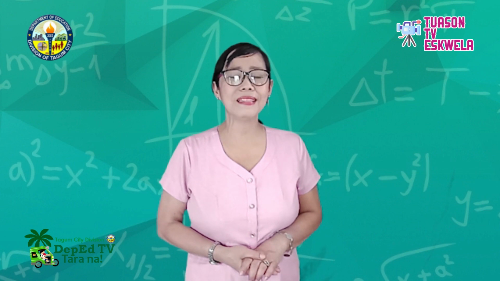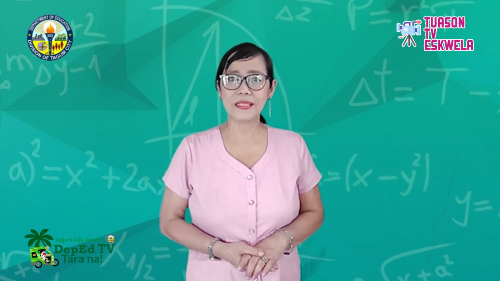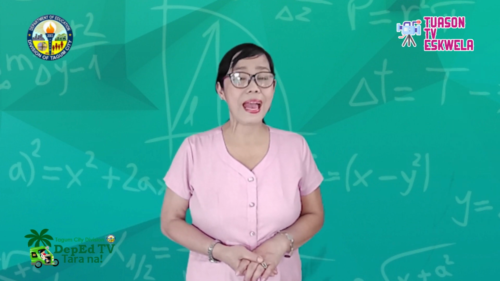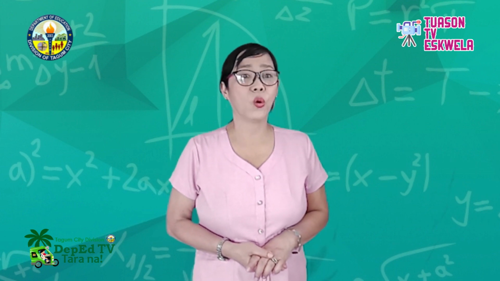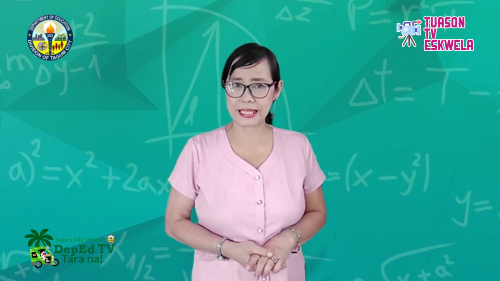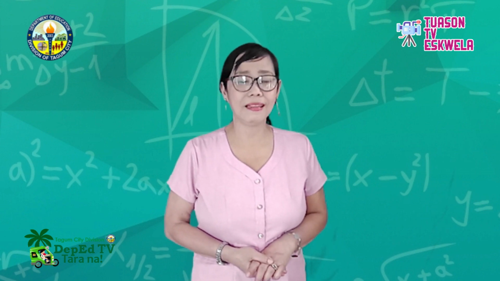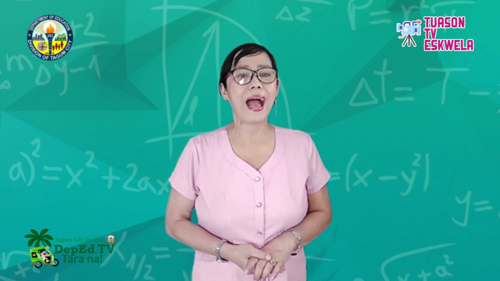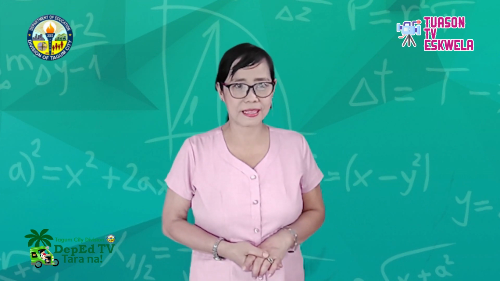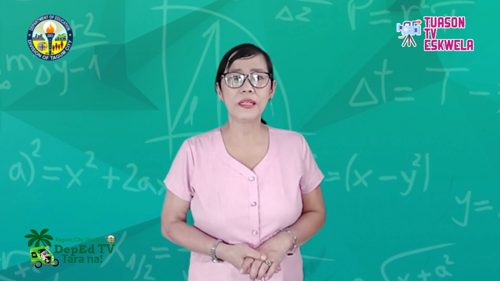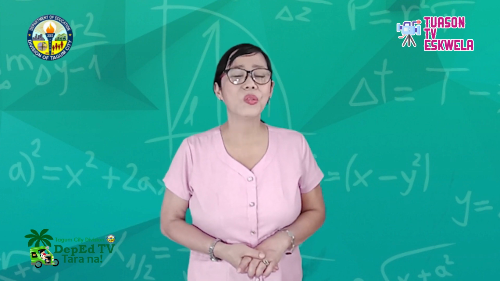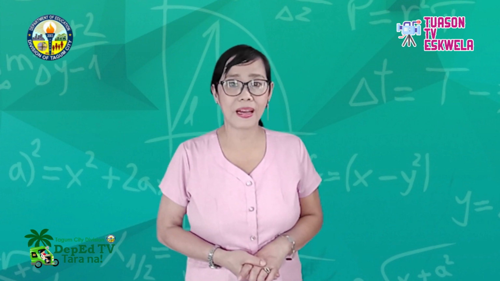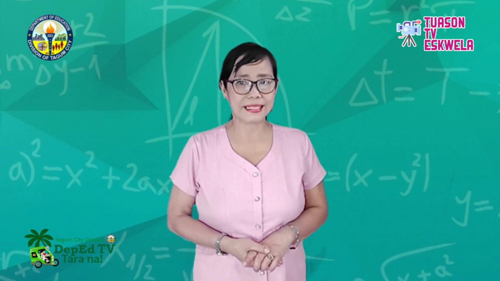It is denoted as P sub 1, P sub 2, P sub 3, until P sub 99. They are called first percentile, second percentile, third percentile, until 99th percentile. They determine the value for 1%, 2%, 3%, until 99% of the data.